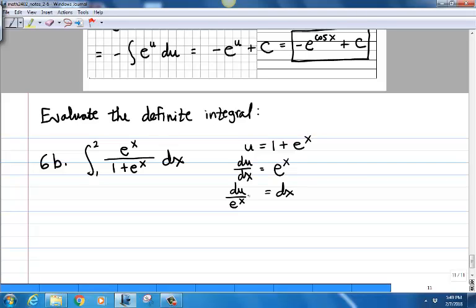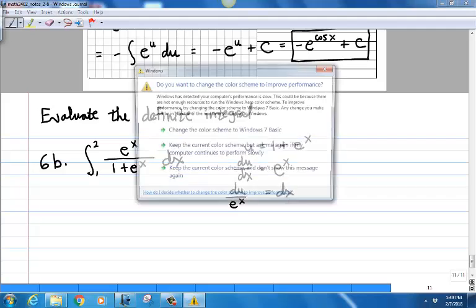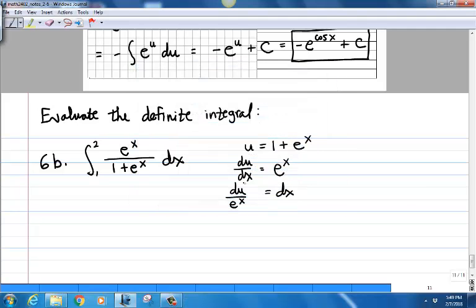If you don't see that so clearly, you should carry out the algebra yourself, so you'll have dx isolated on the right-hand side of this equation. All right, so we're going to substitute du over e to the x for dx, and for 1 plus e to the x, we're going to substitute u.